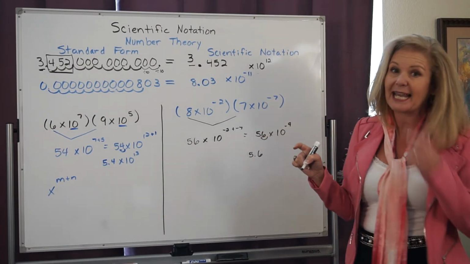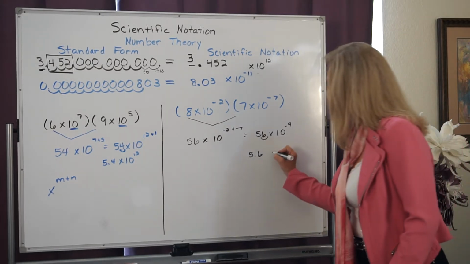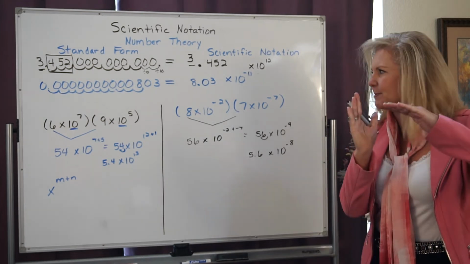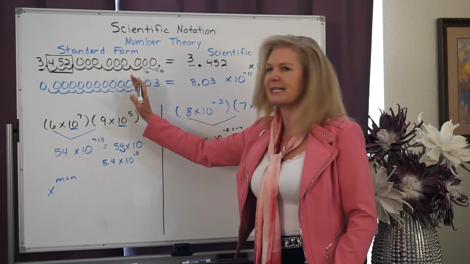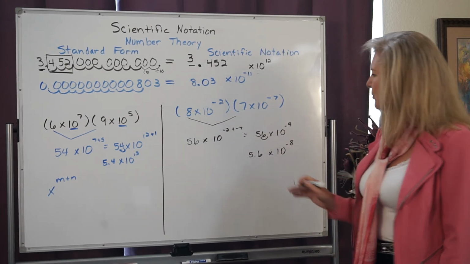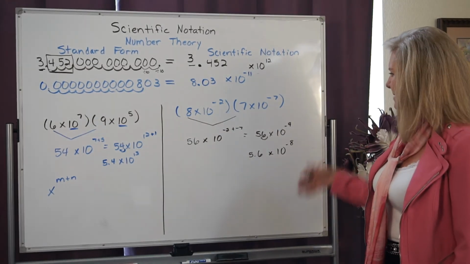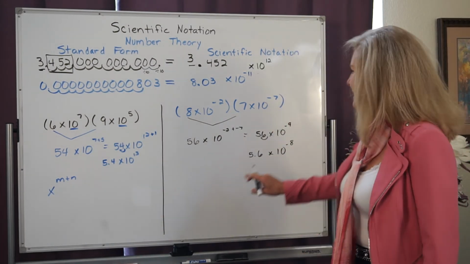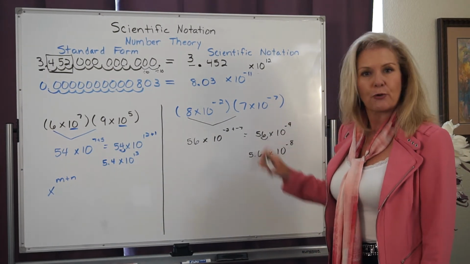So instead of being negative 9, it's going to be negative 8 to account for moving that decimal point back one position. So in the end, my answer to this problem would be 5.6 times 10 to the negative 8. The biggest mistake kids make is they don't look at that final answer and correct that format.